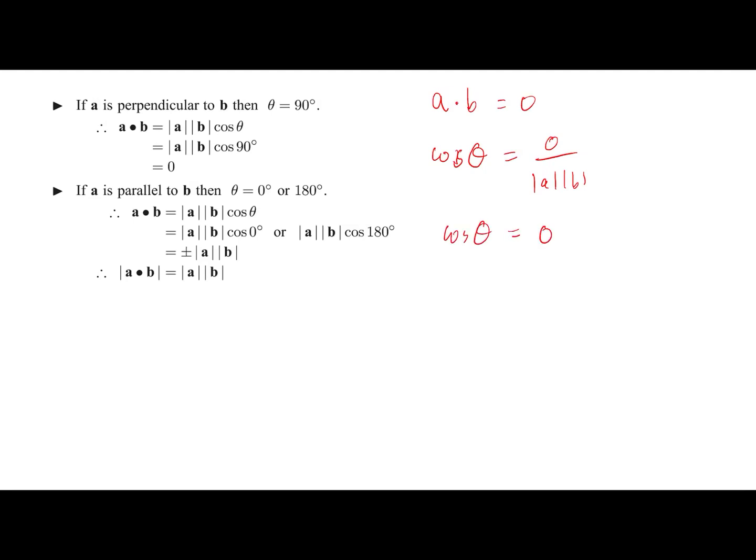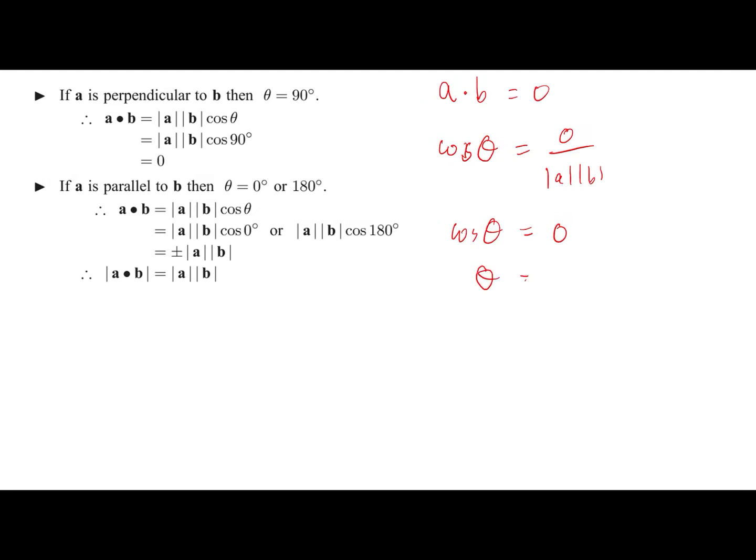That's still going to be equal to 0 because the numerator is 0. So you're going to end up with cosine theta is equal to 0, and therefore using the graphs or using your calculator, you can tell me that theta is equal to 90 degrees. So if the dot product of A and B is equal to 0, then those two vectors must be perpendicular to each other.